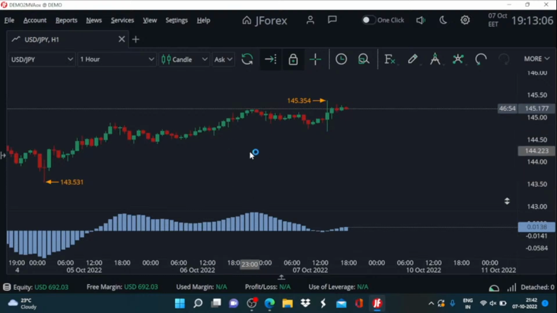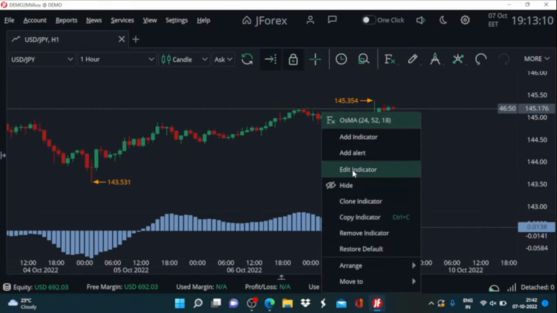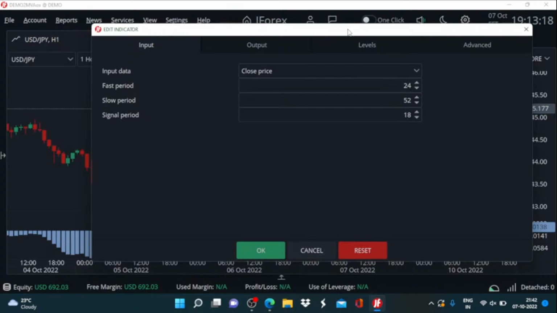Now let us see what more can be done with these editing options. We try to change its parameters. Suppose if you want it lower, you can do that as well. 0.7, then 15 and 5.